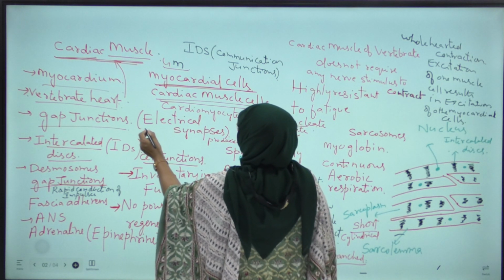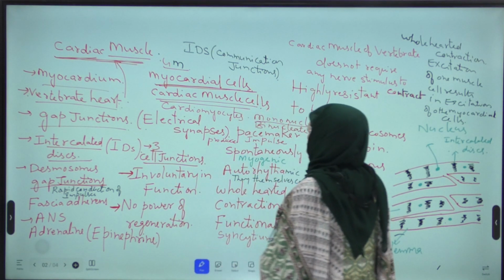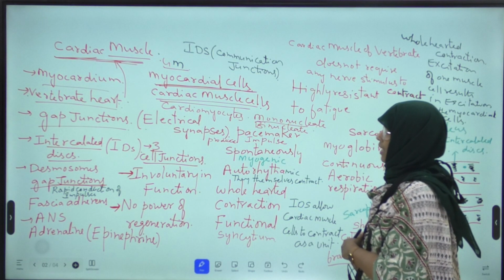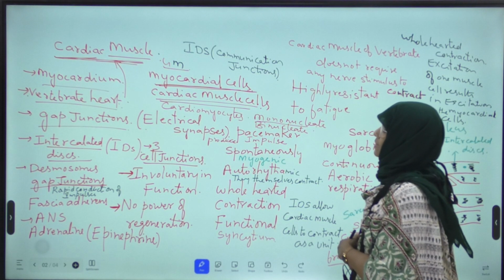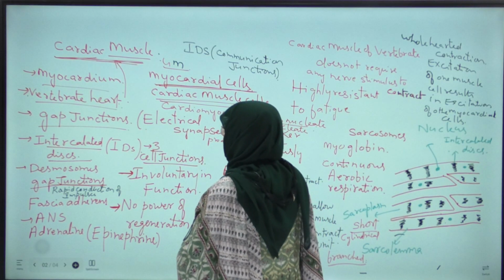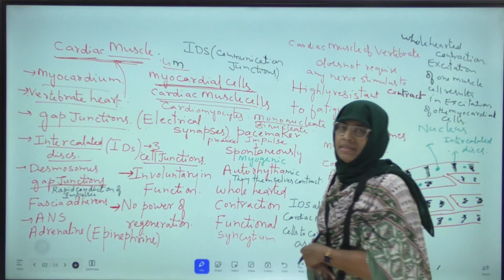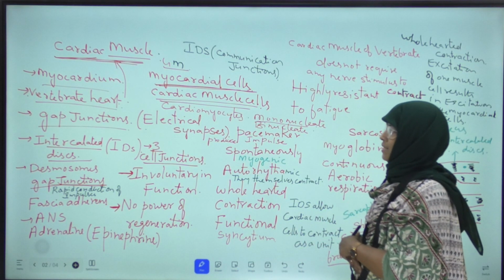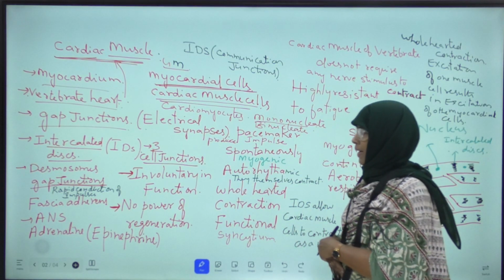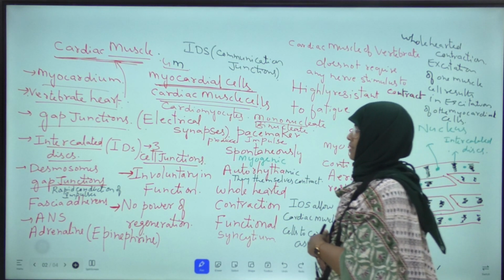These gap junctions are otherwise called electrical synapses. These electrical synapses, or gap junctions, are useful for rapid conduction of impulses.